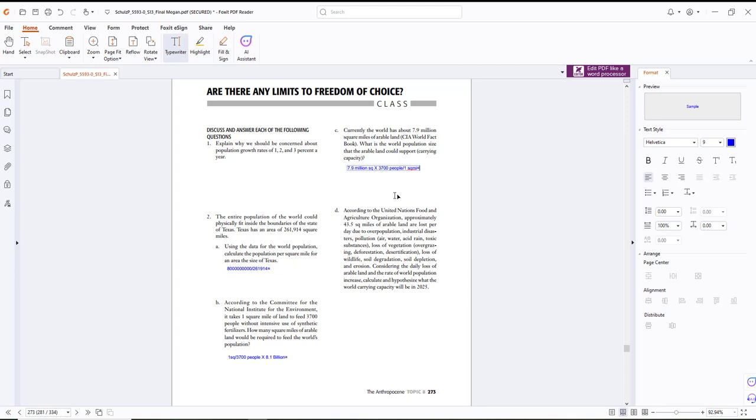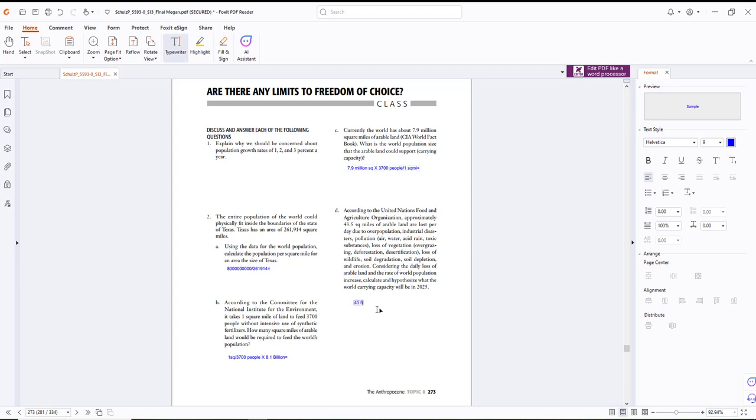And then from there, according to the United Nations Food and Agriculture Organization, approximately 43.5 square miles of arable land are lost every day due to a number of environmental factors. So consider that daily loss: what would be the carrying capacity in 2025? From there, you have to do some calculations.